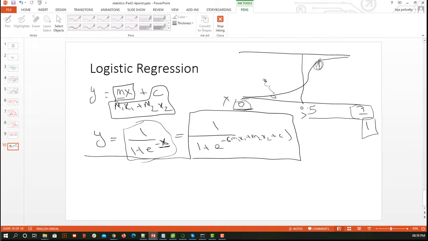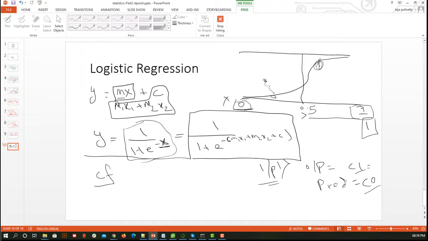Now for every function there will be a cost function. What the cost function does is, suppose there's an input whose output should be class 1, but I predicted it as class 0.